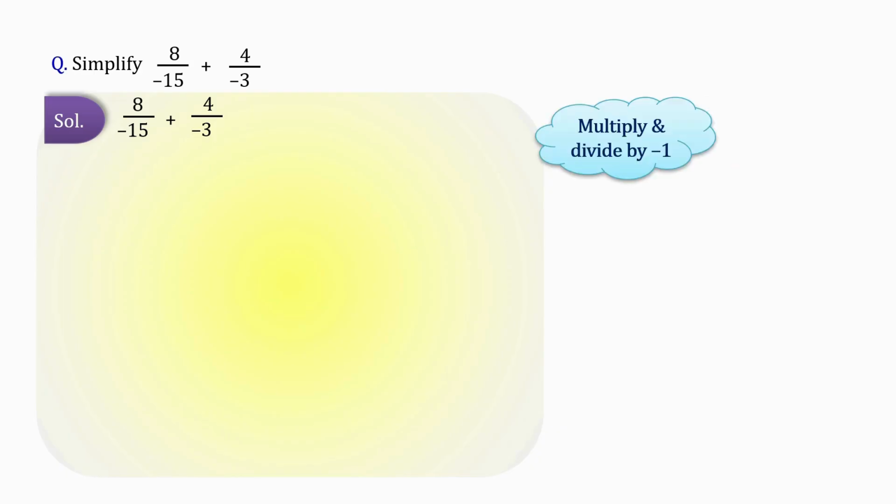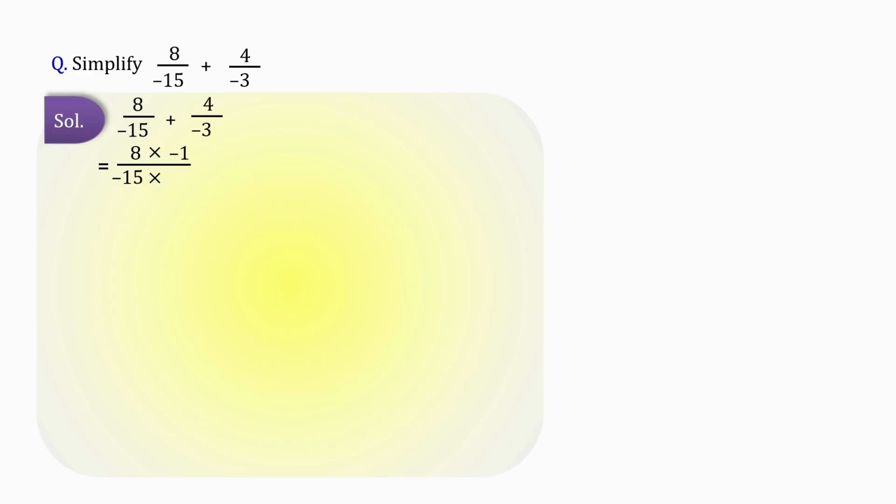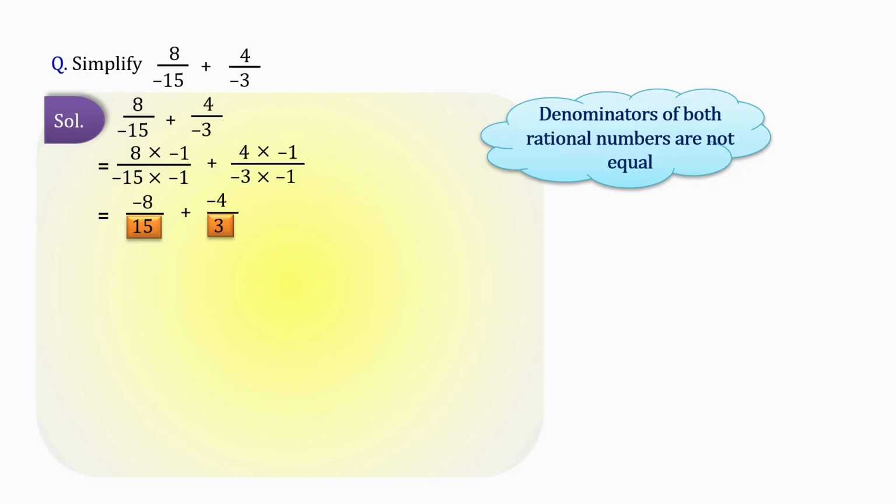So we are going to multiply and divide it by minus 1, so that we can make the numerator as negative and all the denominator as positive. Now denominators of both the rational numbers are not equal.